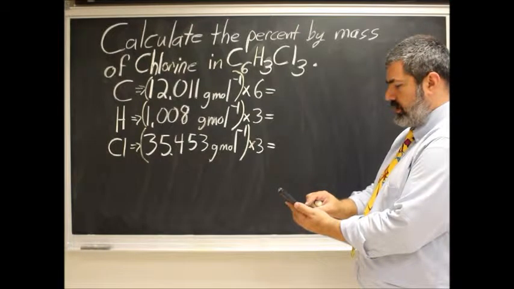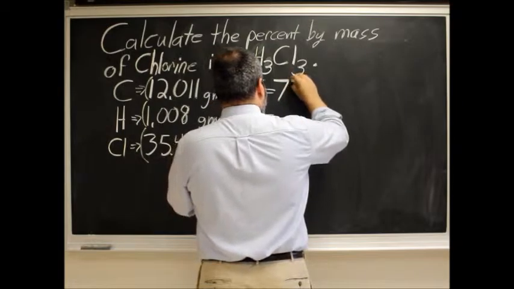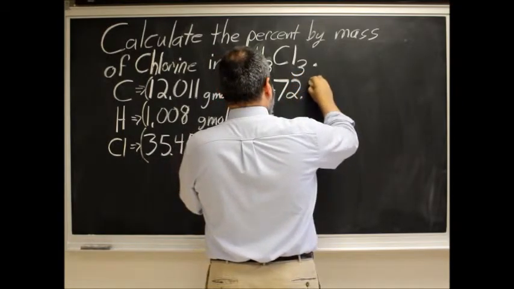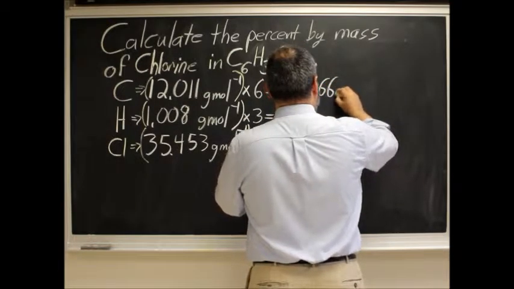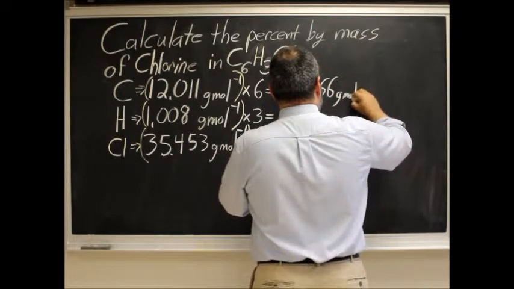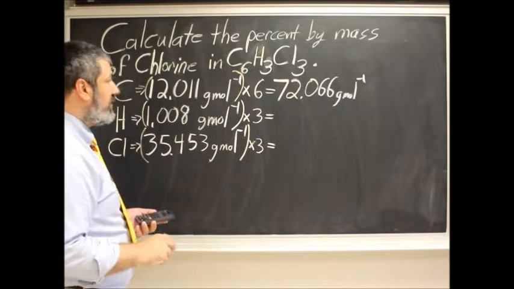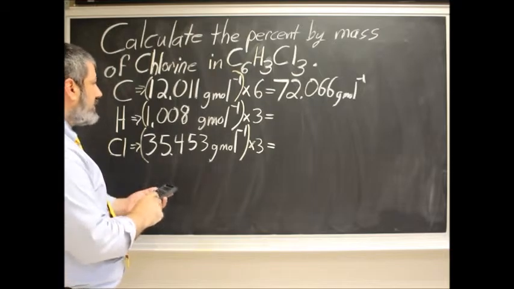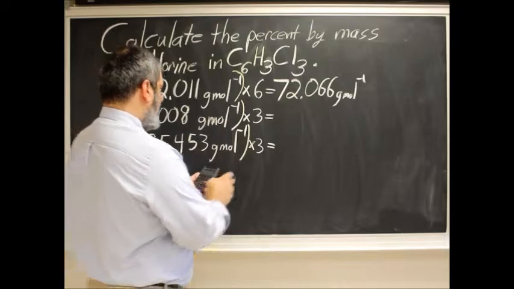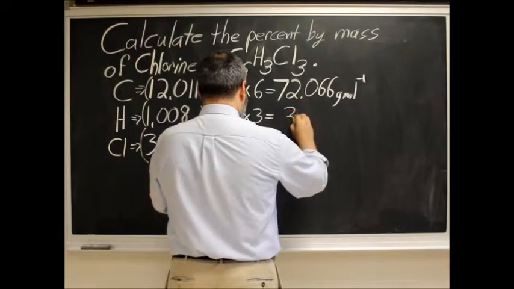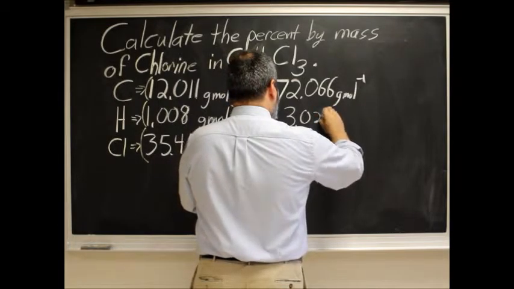So 12.011 times 6. So the mass that the carbon contributes is 72.066. The mass from the hydrogens, 3.024.